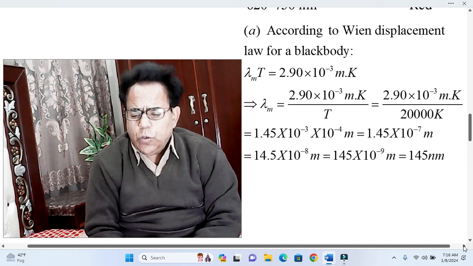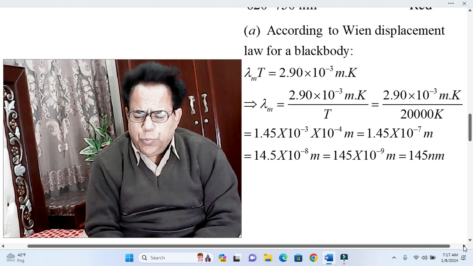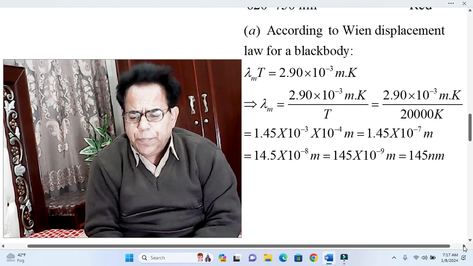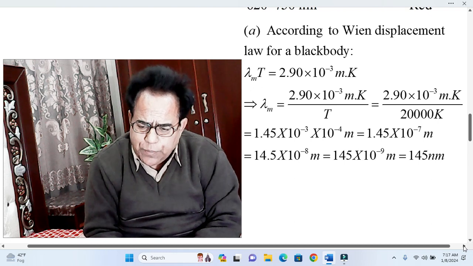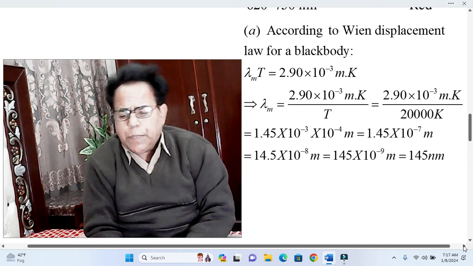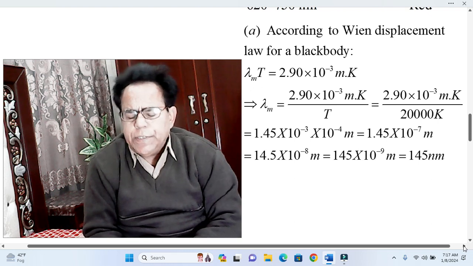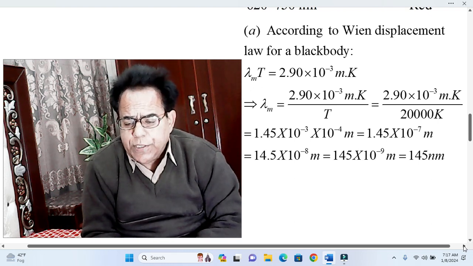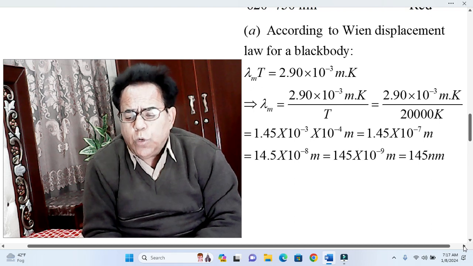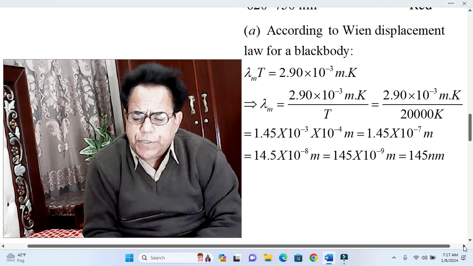So by dividing 2.9 by 2, it becomes half of this, that is 1.45 into 10 raised to the power minus 3 into 10 raised to the power minus 4. This 10 raised to the power minus 4 is with 4 zeros with 2, so we have shifted these 4 zeros with 2 in the numerator.